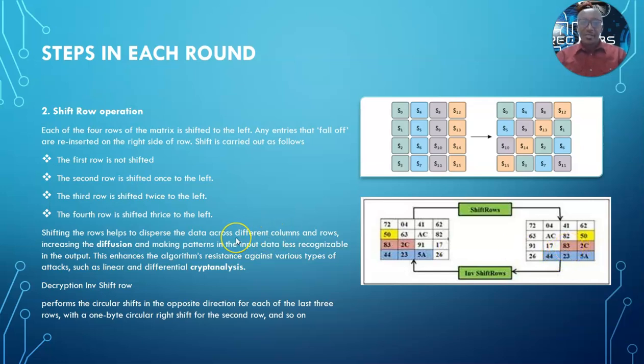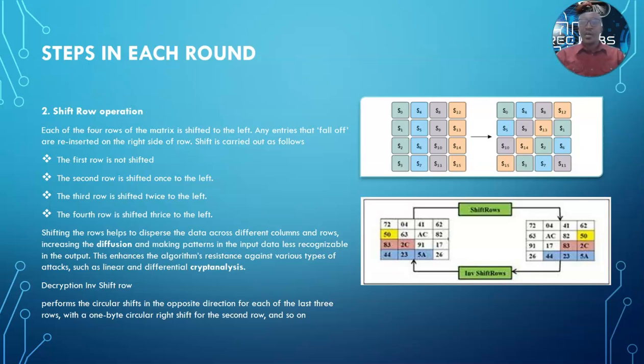The fourth row does a thrice shift to the left. So you're picking this value here and putting it back in the third position here. So 5.2 now goes to the initial position, 2.3 goes to that, and then 4.4 goes to that position. So that's what we refer to as the shift row operation.